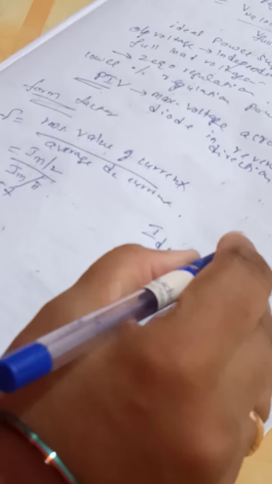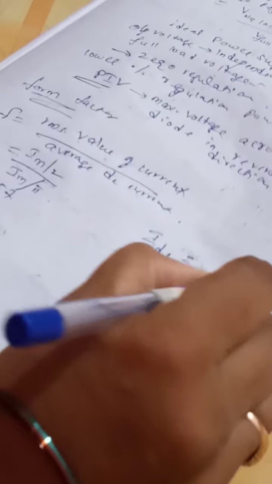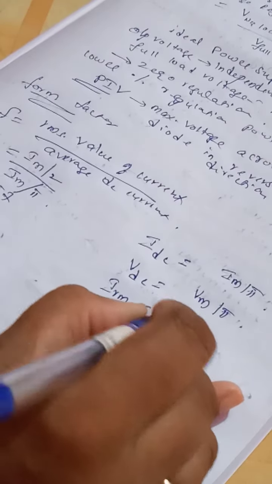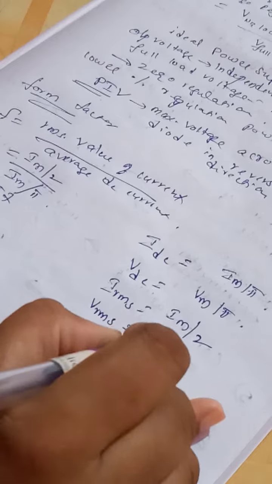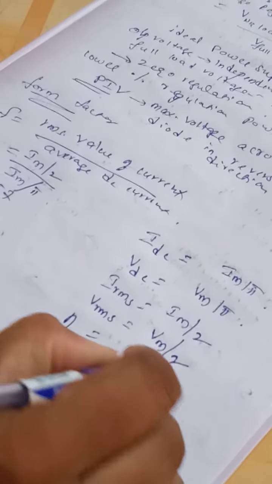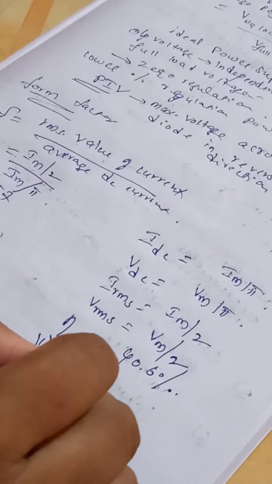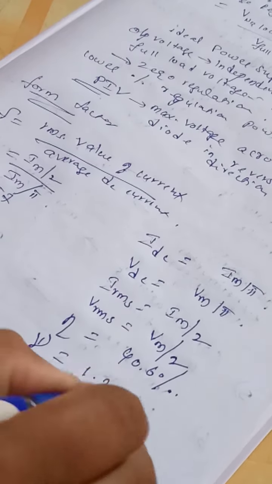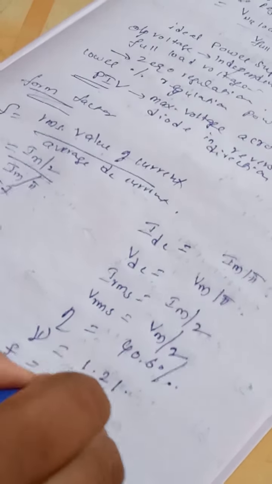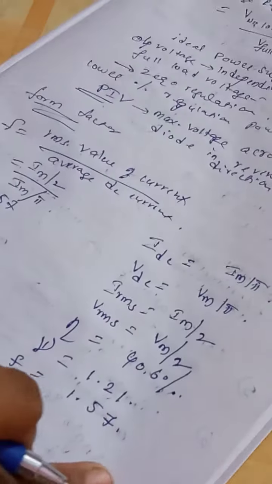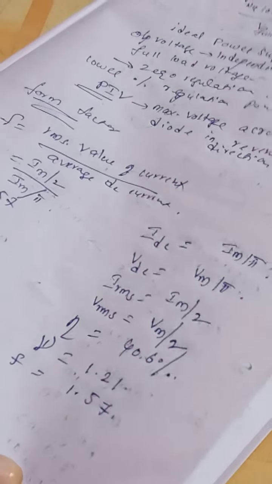So I_DC value is Im by pi, V_DC value is Vm by pi, I_RMS is Im by 2, V_RMS is Vm by 2, efficiency 40.6%. Now ripple factor we got as 1.21 and form factor 1.57. So this is the analysis under half wave rectifier.